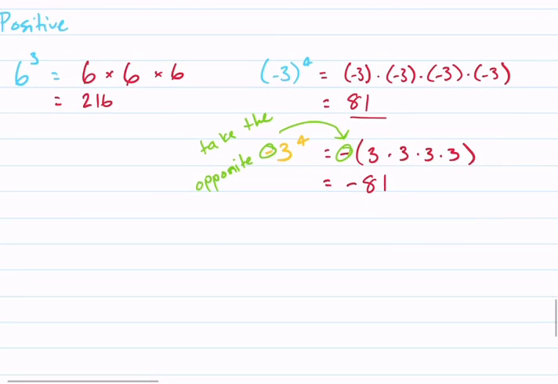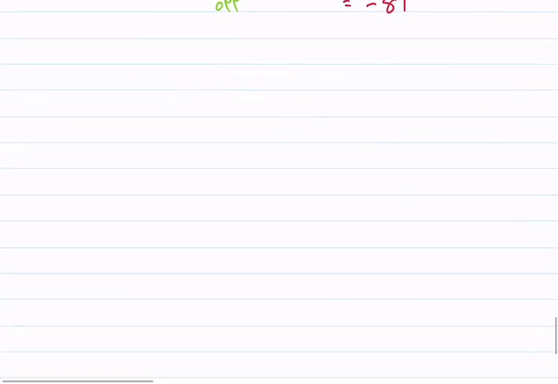So now let's look at 0 as an exponent. Well, the thing about 0 as an exponent is no matter what your base is, your answer will always be 1. Every time. So why is that the case? Well, let's remember our laws of exponents.